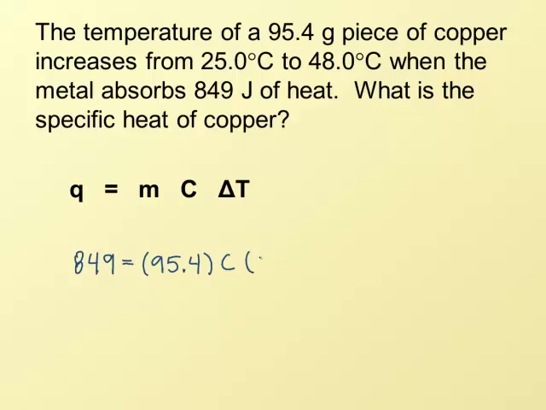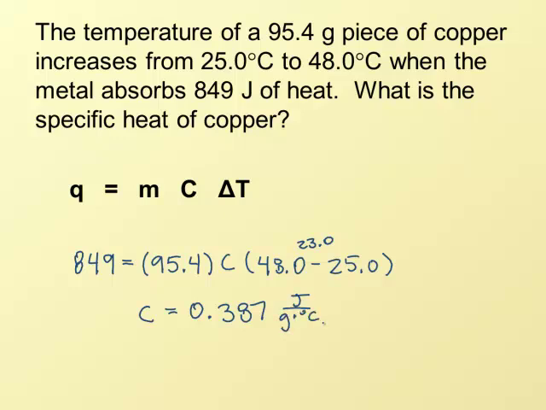The final temperature was 48 degrees Celsius minus the initial temperature, 25. That's a difference of 23 degrees Celsius. So now solving for C, we get 0.387 joules per gram times degrees Celsius.